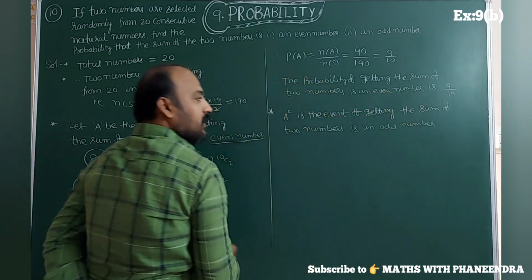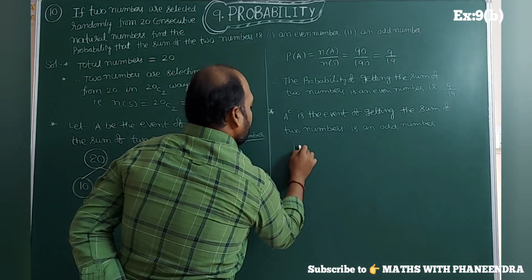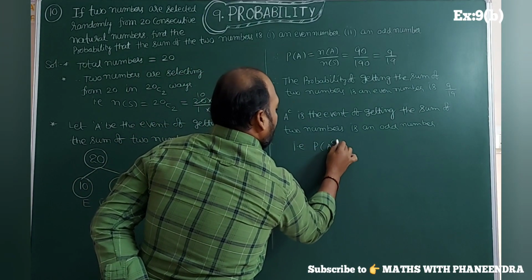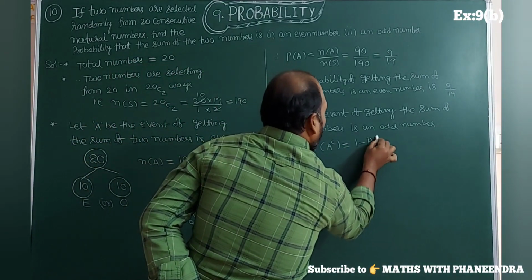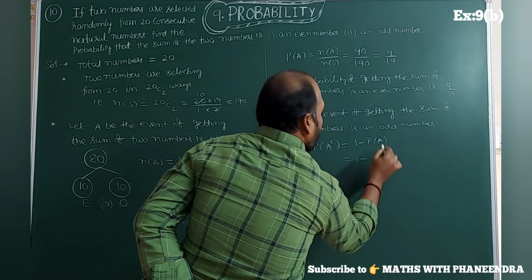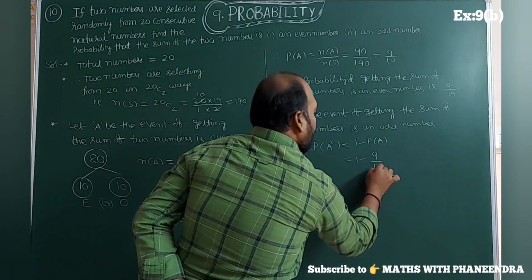So their probability, P of A complement, is equal to 1 minus P of A, that is 1 minus 9 by 19.